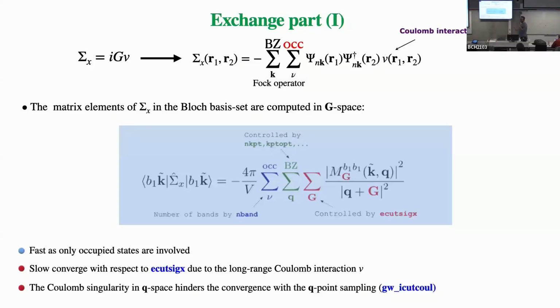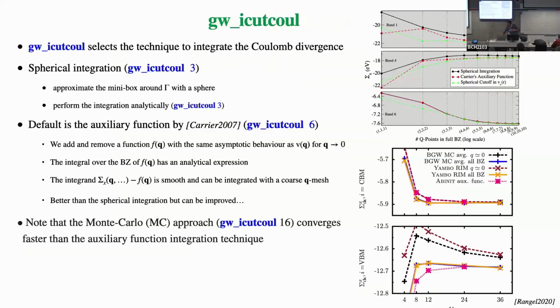The bare Coulomb interaction converges slowly in G space, and one has to be careful because there is also a divergence when q is equal to 0. There are different techniques that you can use to accelerate the convergence with respect to the k-point sampling. Everything is documented on the Abinit website, but the main idea is that you have an integrable singularity when q tends to 0.